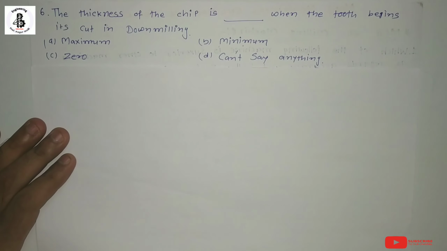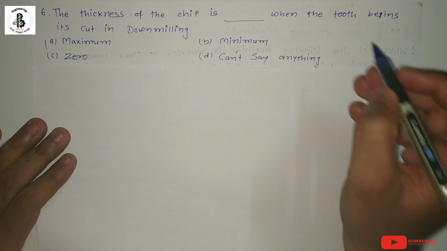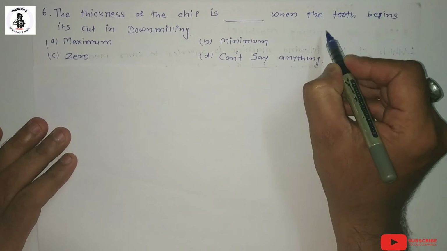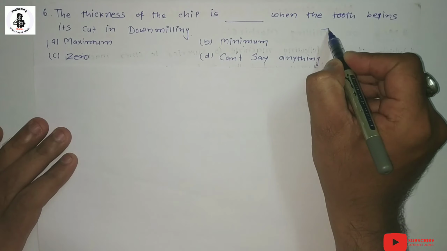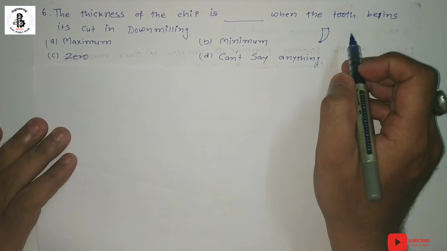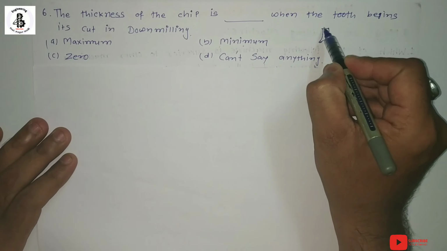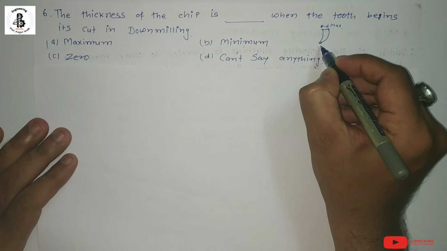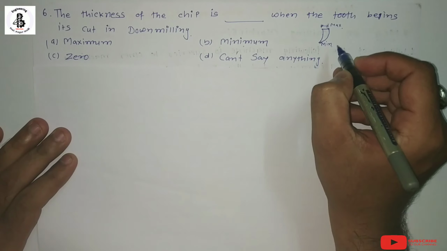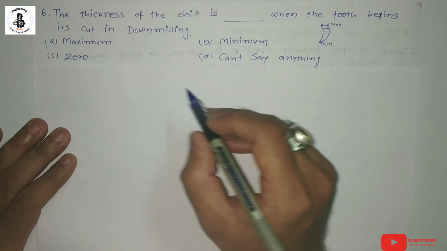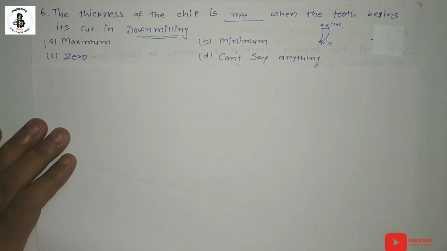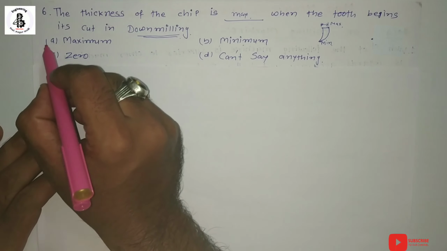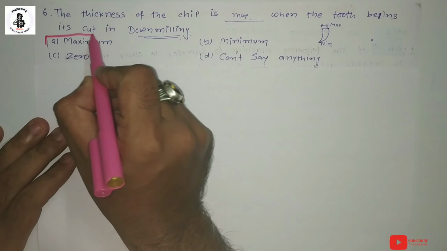So just you can see for the down milling process, in case of the down milling process, the chip goes from the maximum to the minimum. So the right answer is maximum at the beginning.